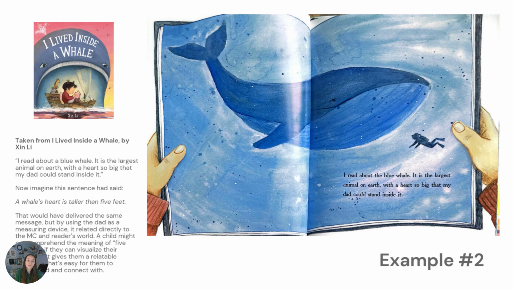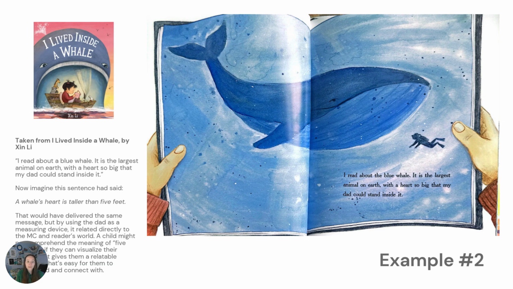Our next example is from a book called I Lived Inside a Whale. We see the sentence here, I read about a blue whale. It is the largest animal on earth, with a heart so big that my dad could stand inside it. Now imagine this sentence had said, a whale's heart is taller than 5 feet.